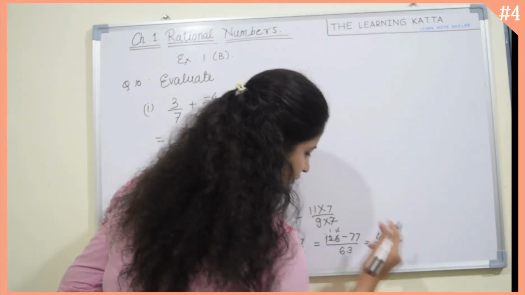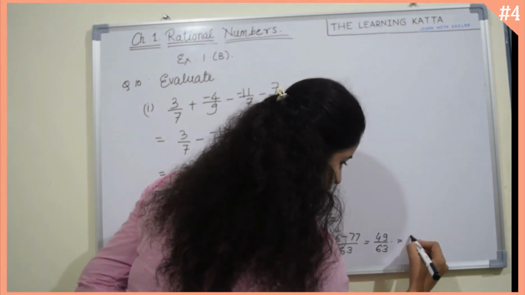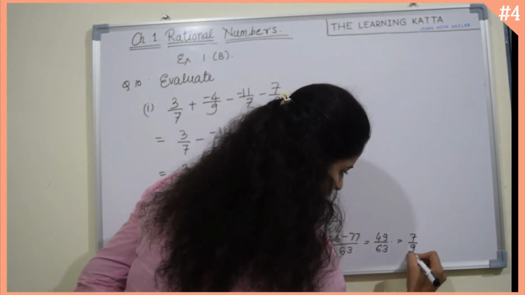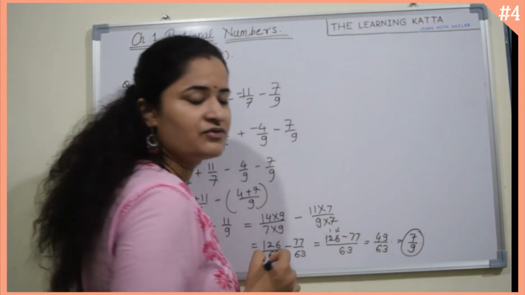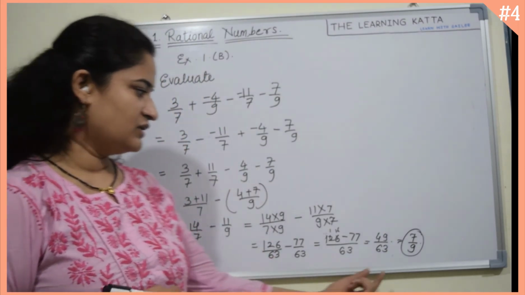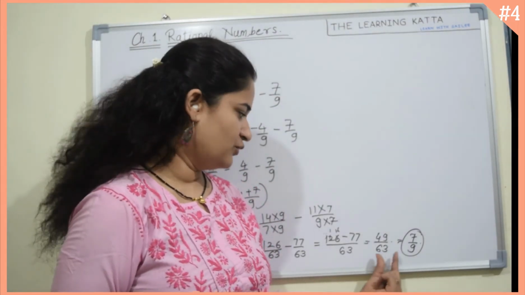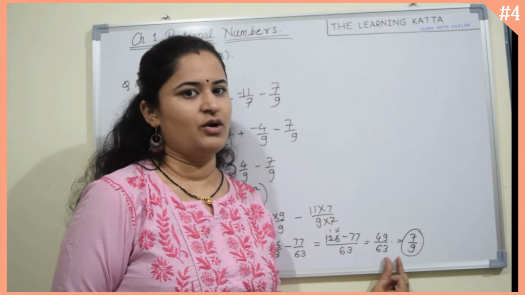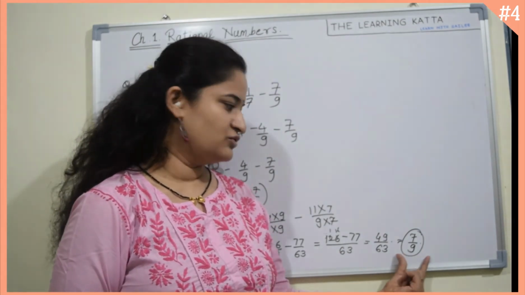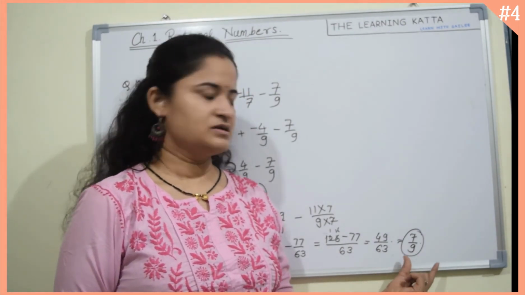Now we can even further reduce it. 7 sevens are 49 and 7 nines are 63. So that's your final answer. Always write the final answer in the reduced form. Don't leave it here, otherwise you may lose half marks or something. Okay, so make sure that you always check that the final answer is in reduced form.